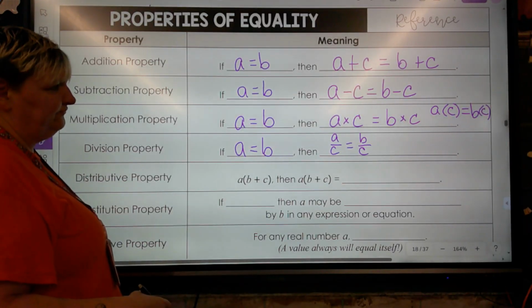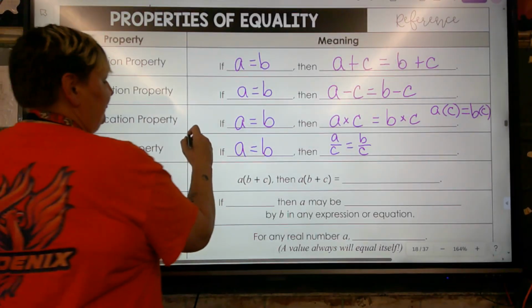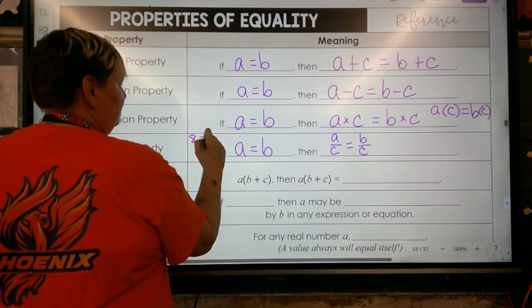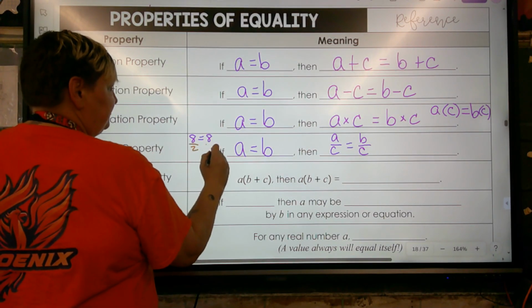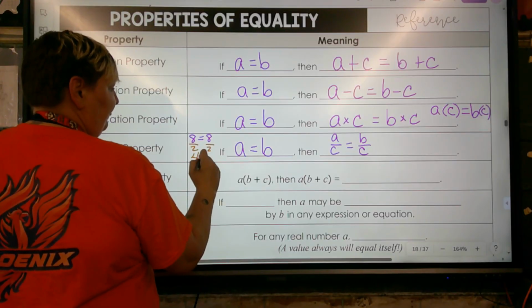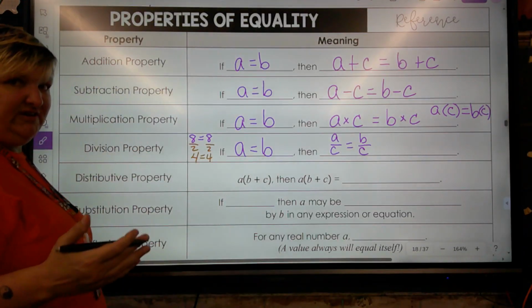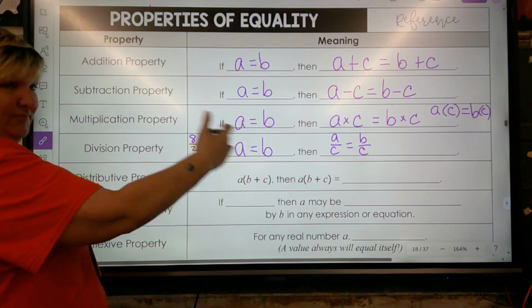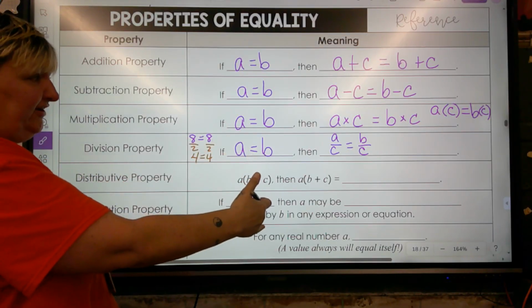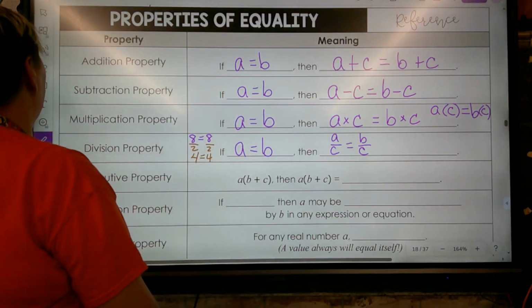So if you have 8 equals 8 and you divide both sides by 2, you're still left with 4 equals 4. You're still left with an equal equation. It's equal on the left and equal on the right because you're keeping things balanced. That's the property of equality. Keep things balanced.